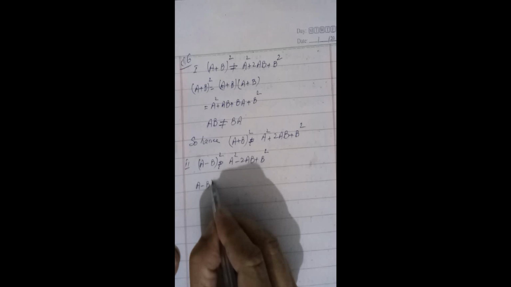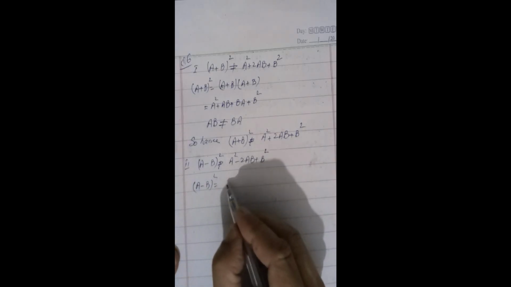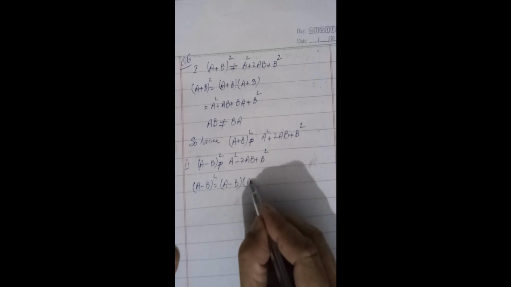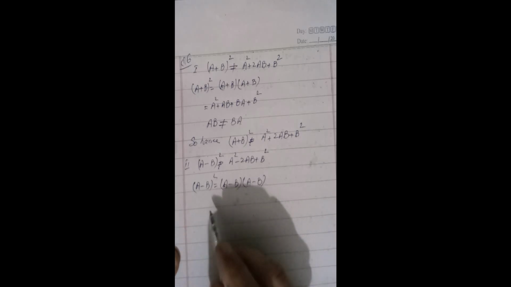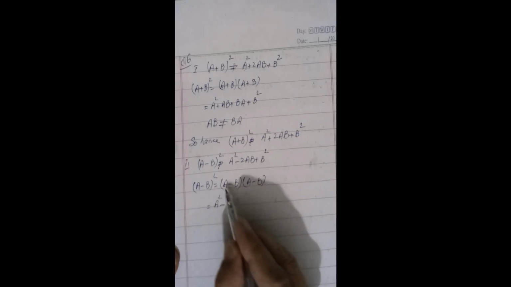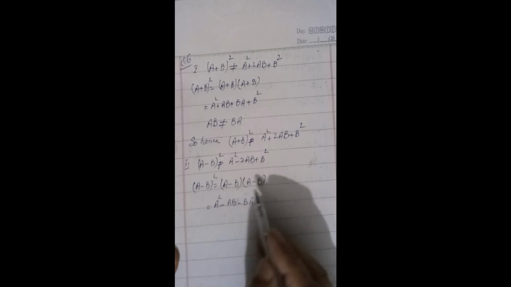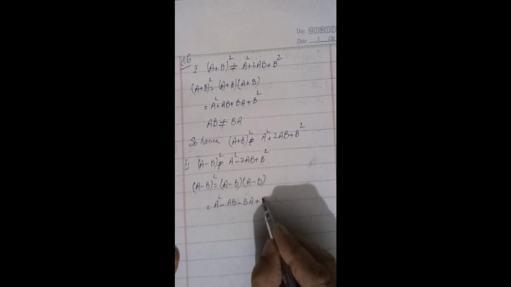(A minus b) whole square is equal to (a minus b) into (a minus b). First we multiply a with both a and minus b, and then minus b with both a and minus b. We get a multiplied by a is equal to a square, minus a multiplied by b is equal to minus ab, and then minus b multiplied by a is equal to minus ba, minus b multiplied by minus b is equal to plus b square.